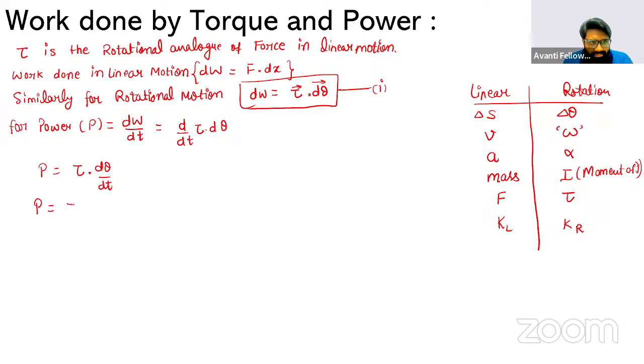So we can say it is tau omega. The power formula for rotational motion is tau into omega.